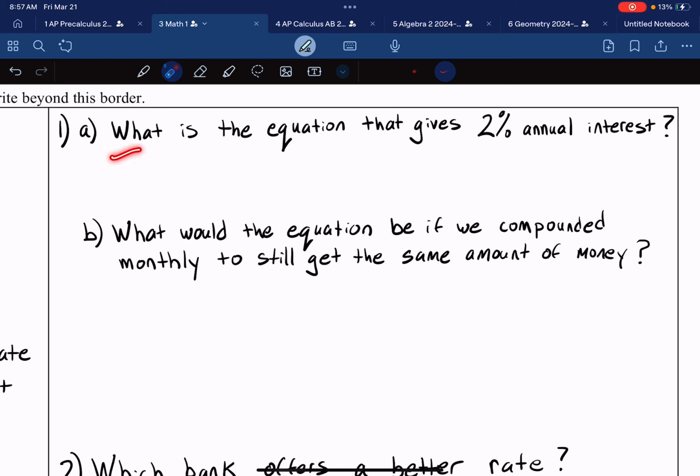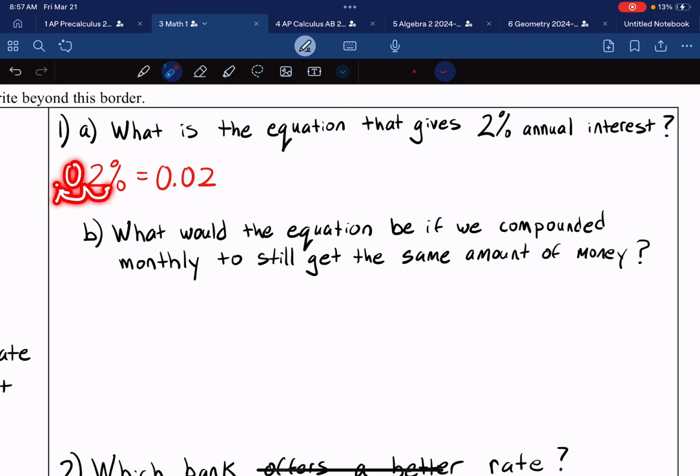So let's find the equation that gives 2% annual interest. That means every single year. So 2% as a decimal is the same thing as 0.02. Again, you have the decimal place right here, and we move it 1, 2 to the left.